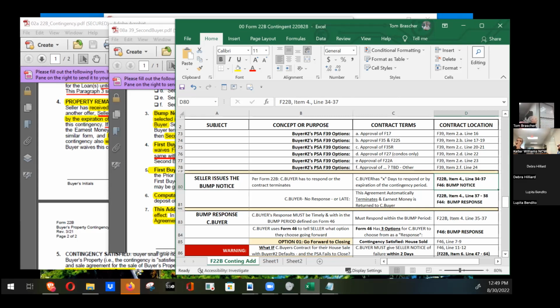Now, if you want to, you'll have to do a Form 50 to get the earnest money distributed. But you do not need to give a notice to anybody on that. Some of these things you do, some of them you don't. That's one that you don't have to. Okay. Good to know. Thank you.